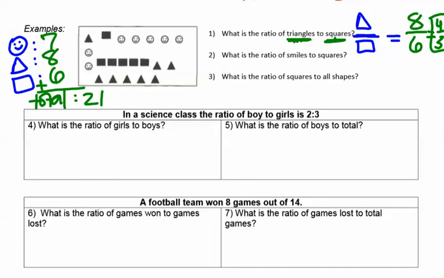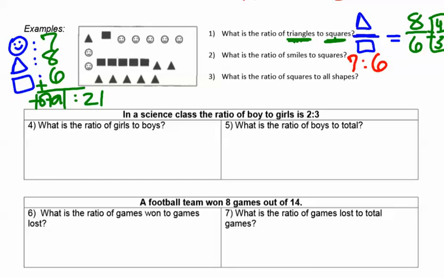All right, next, what is the ratio of smileys to squares? So again, we have to write smileys first. How many smileys were there? There were 7 smileys to how many squares? To 6. So our ratio would be 7 to 6 or 7 over 6.